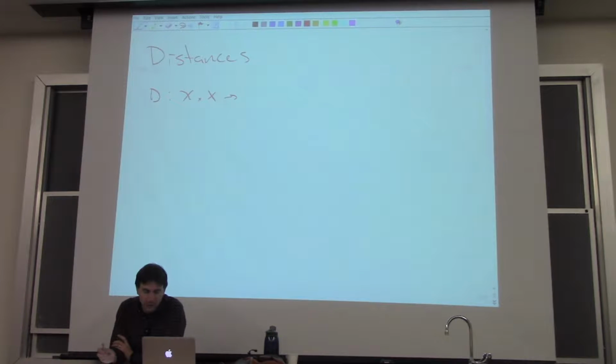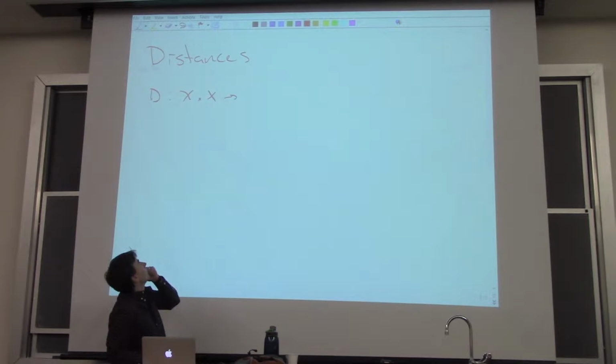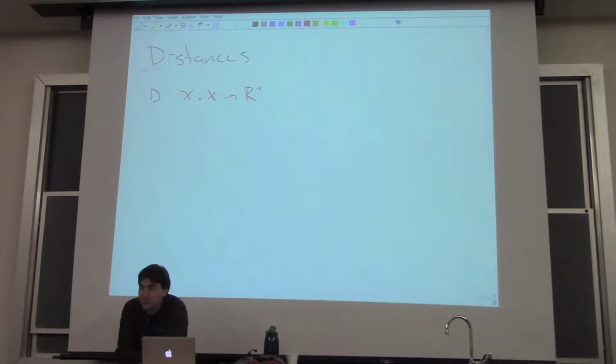It goes between two objects from the same set X here, and goes to R plus. So this usually is the real numbers that are non-negative. There are different ways of writing that.